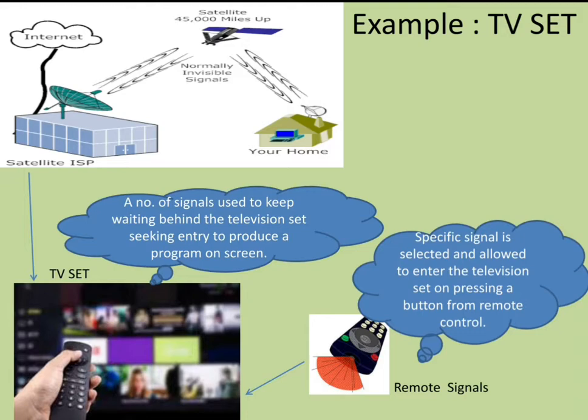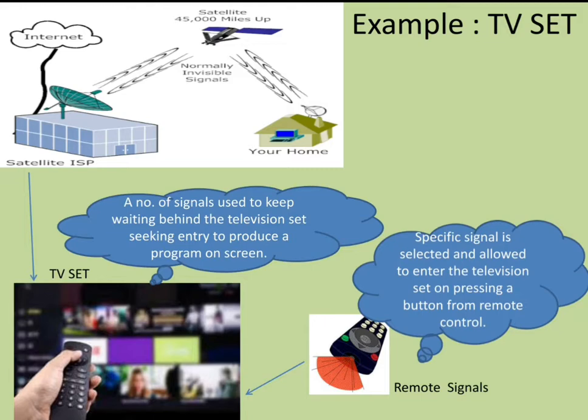Means so many inputs were coming as signals to a television set, but the television set only provides us one channel. So many channels were waiting, means so many channels we are having as input, but the TV set always provides us only one output, but with the help of the remote control.